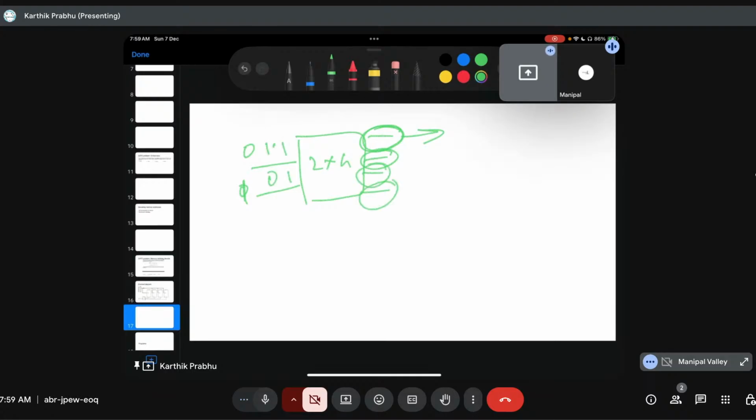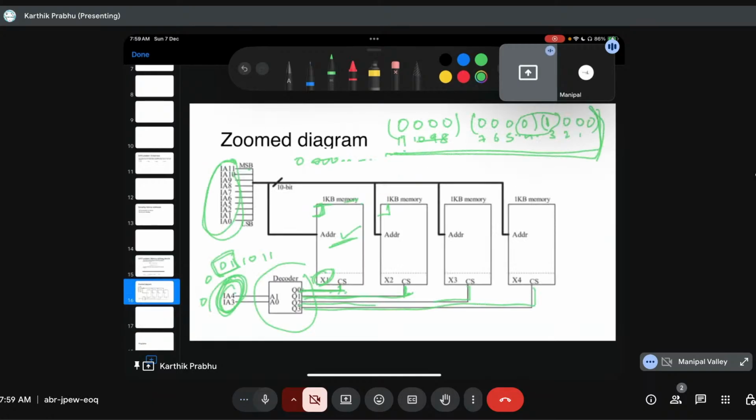If I put 1 1, this output will be selected. That's the basic idea of a 2 by 4 decoder. 2 by 4 decoder gives 4 outputs for 2 inputs. So 0 0 gives x1 output, 0 1 gives this x2 output, and 1 0 gives this x3 output, 1 1 gives x4 output. So if I change to 0 1, I will get x2.